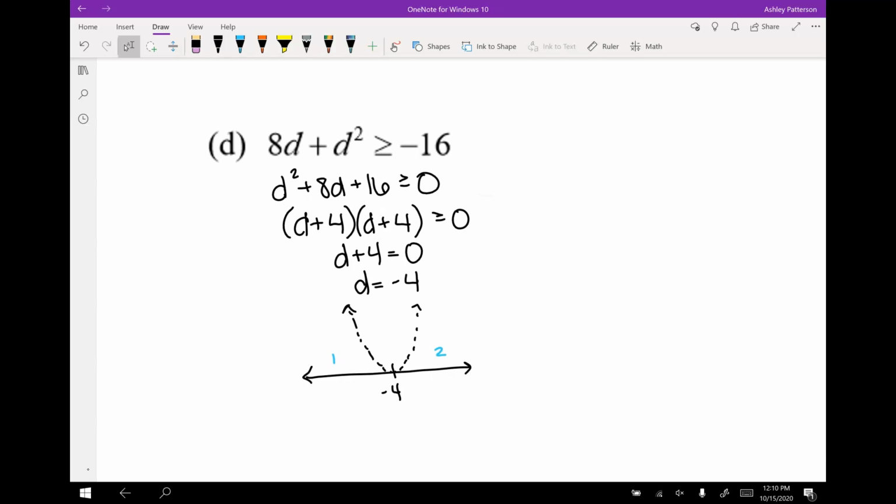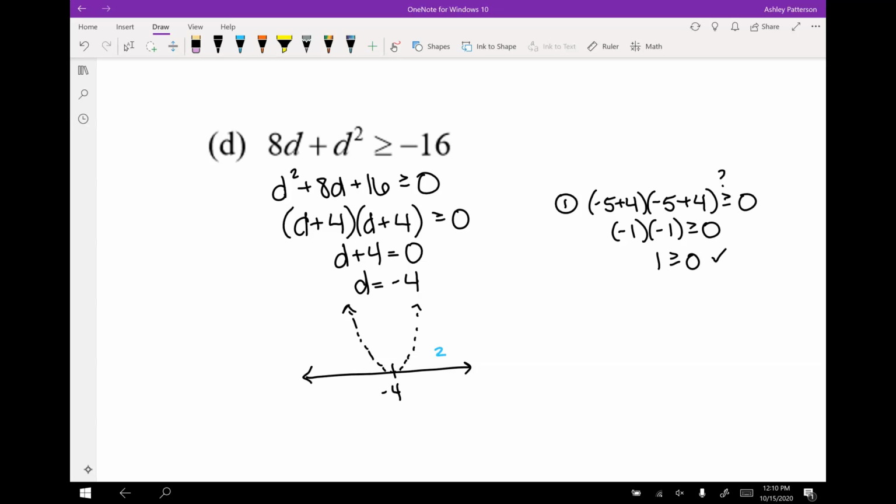I'm going to first test region 1, and a number that's less than -4 is -5. Okay, I'm going to use the factored form. So -5 plus 4 times -5 plus 4, is that greater than or equal to 0? I'm going to say yes, because I can see right away I have a negative times a negative, which gives us a positive.